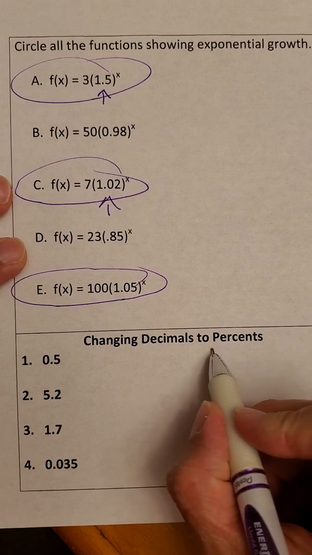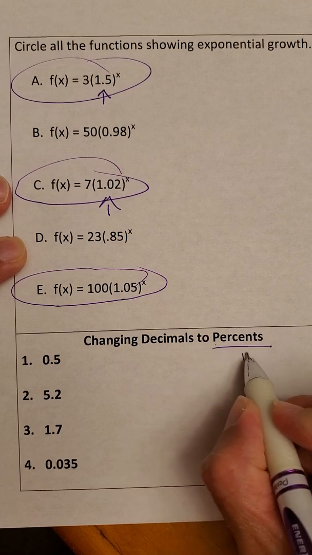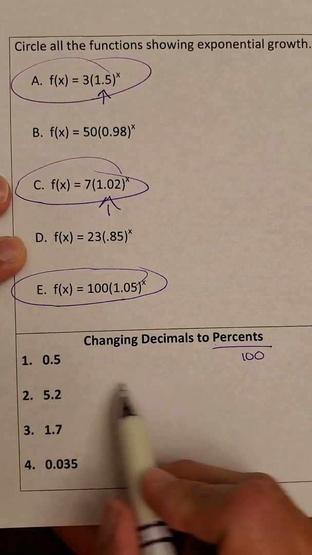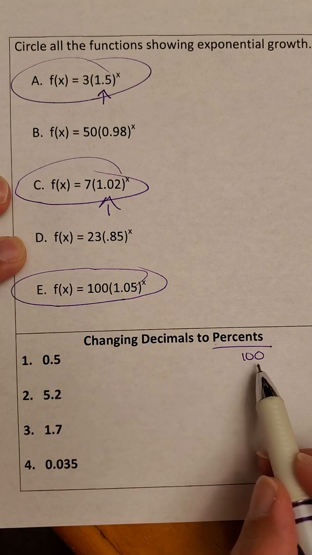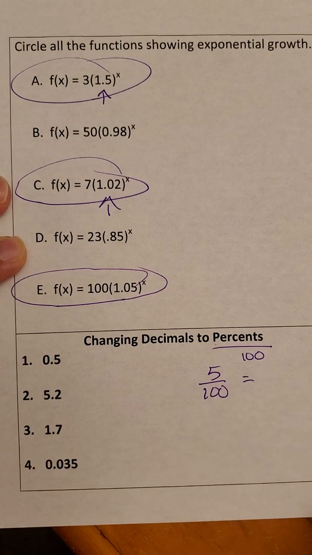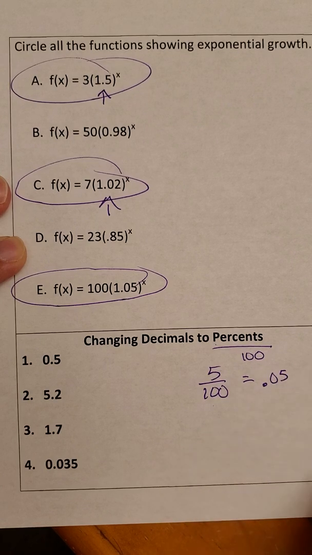To change decimals to percents, let's remember what percent means. Percent means per 100. That means out of 100. So 5 per 100 is 5%. And if you actually divide that, you get 0.05.